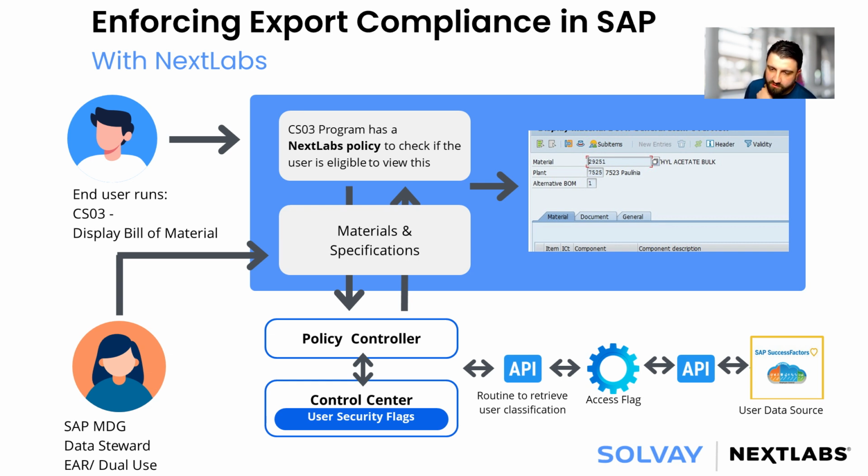The control center is going to cross-check the information that's being sent with the user attributes, and finally take a decision whether the user is allowed or not to access the information. This information is sent back to SAP, and then the user will be able to enter the bill of material of the product.